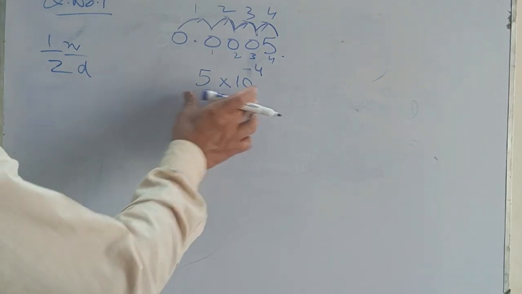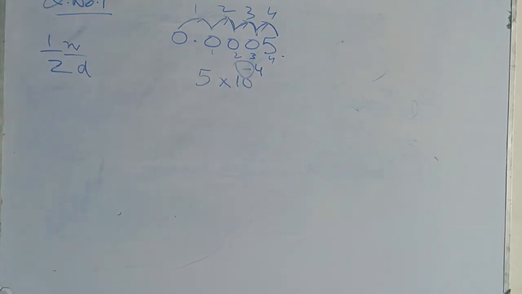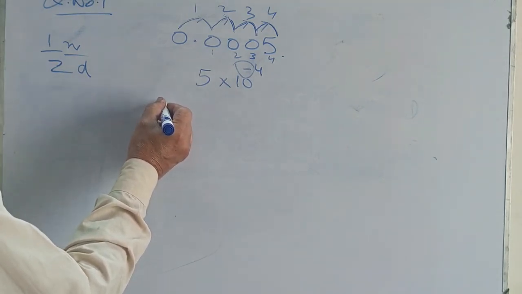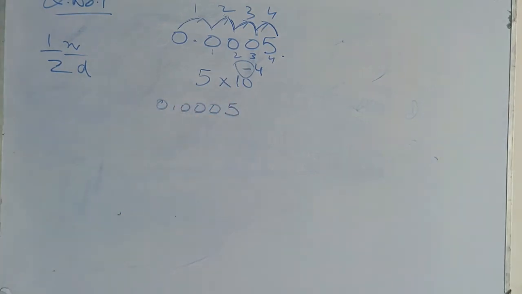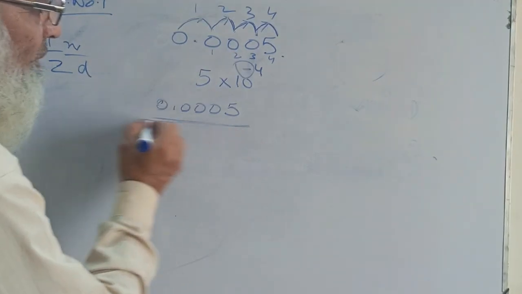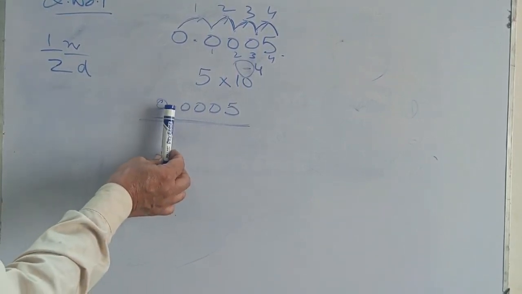Now how has this minus 4 come over here? Why has this minus 4 come? Okay, let me elaborate this. We had 0.0005. I have to remove the point from here.